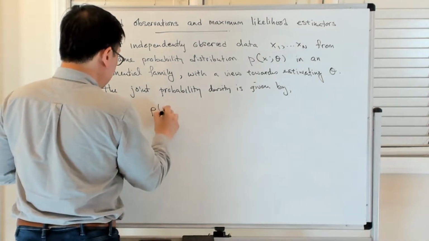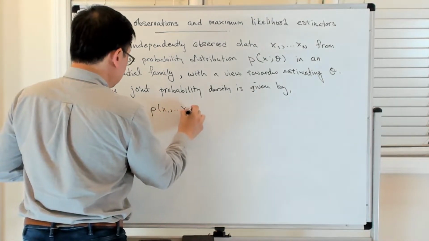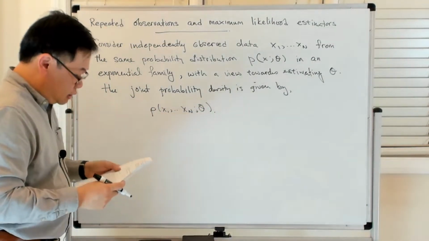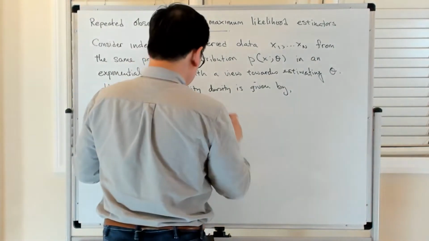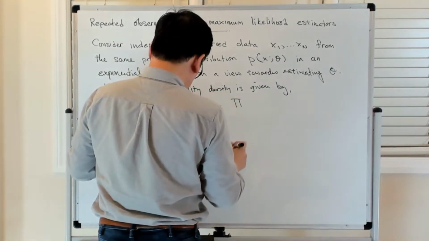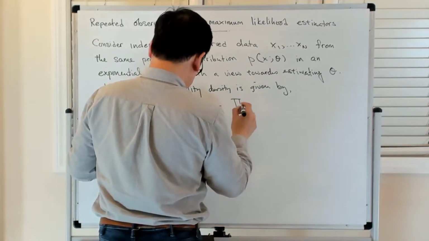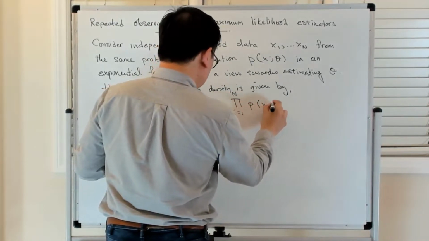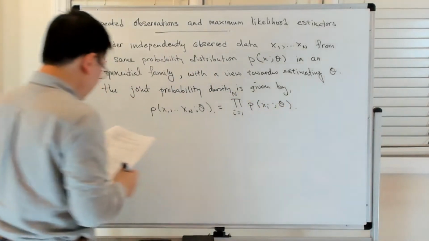So p of x1 to xn with the same parameter theta is given by the product from i equals 1 to n of the probability of xi with that parameter theta.